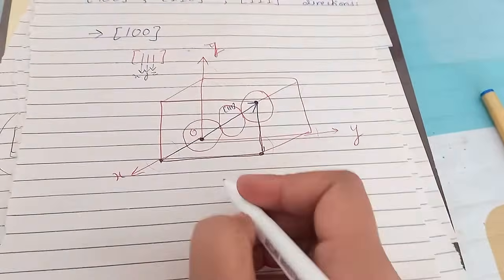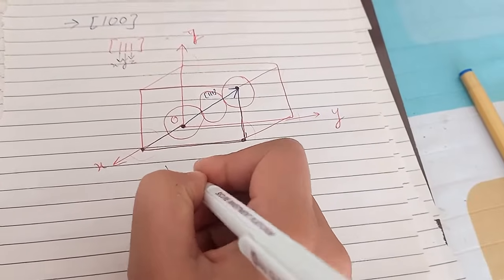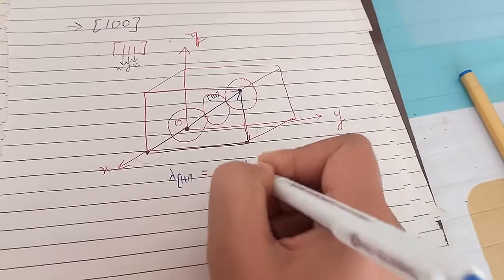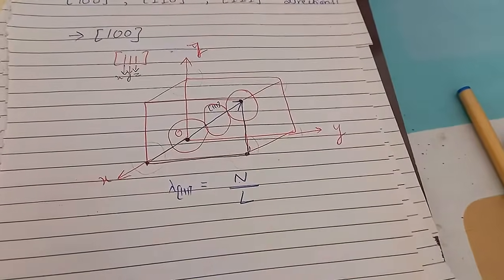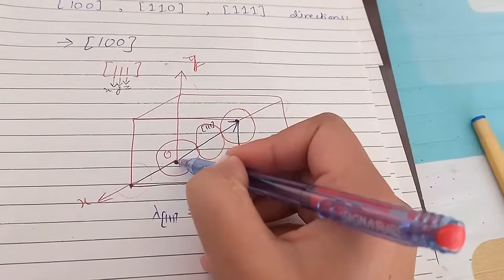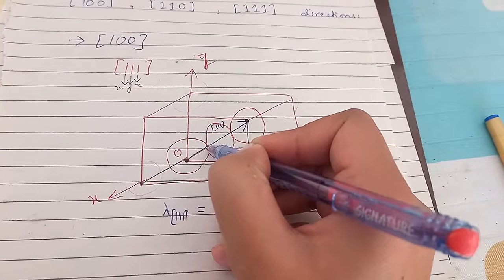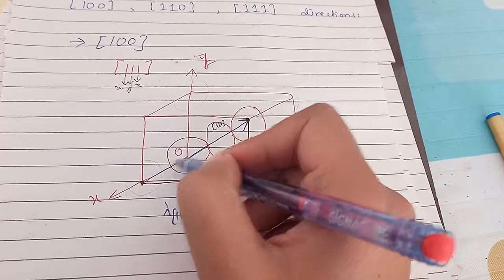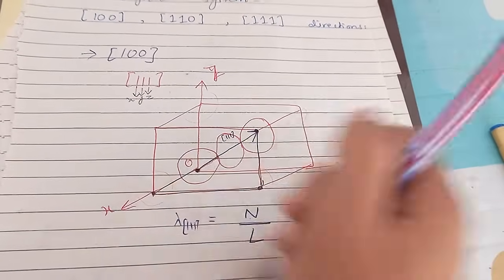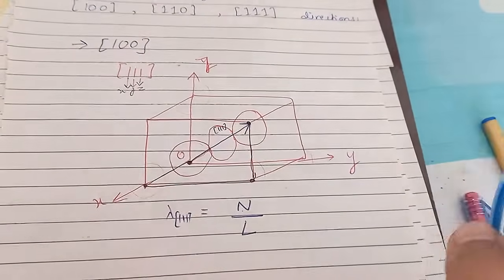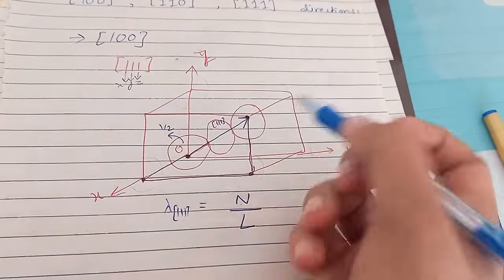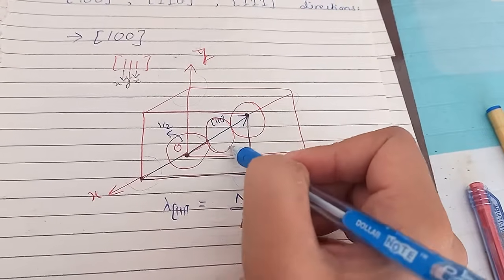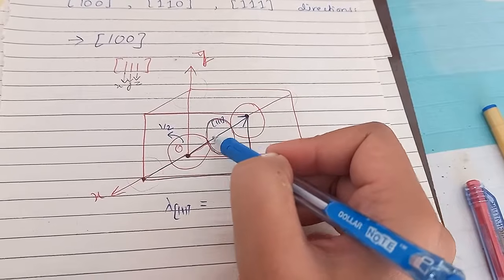Let us see what it is. The formula for linear density, we'll mention it first, is equal to N divided by capital L. We can see here that only half the diameter of this atom is lying on this line, not the complete but half the diameter. So half contribution will be considered for this atom. But this body centered atom is completely intersected by this line.